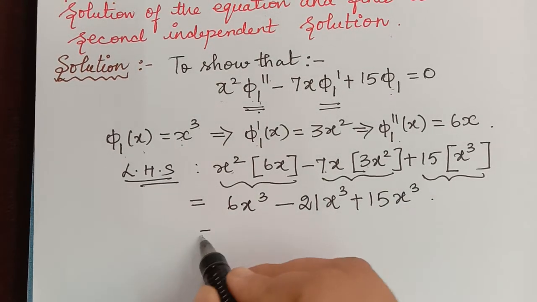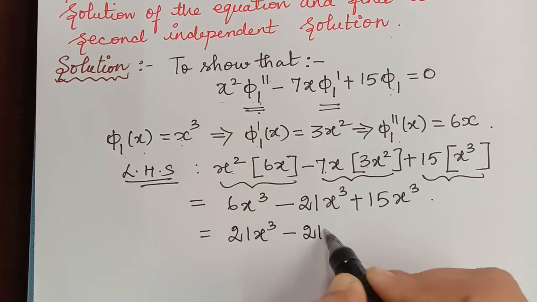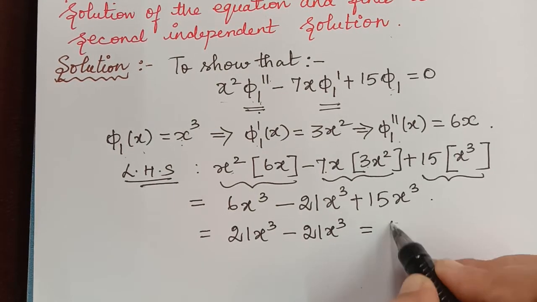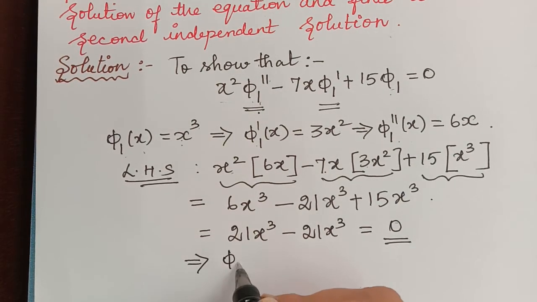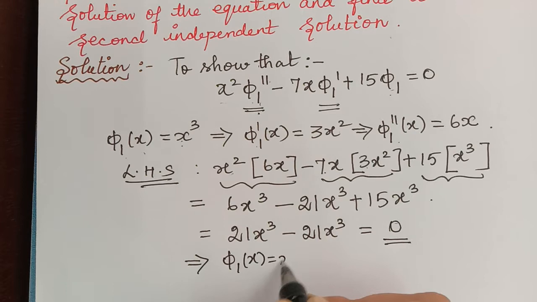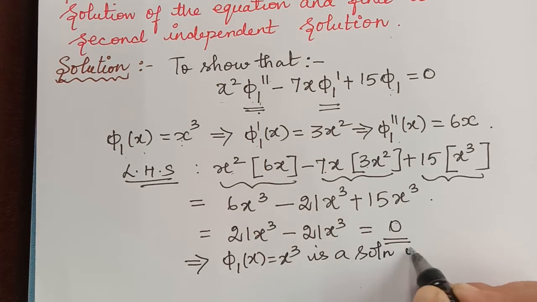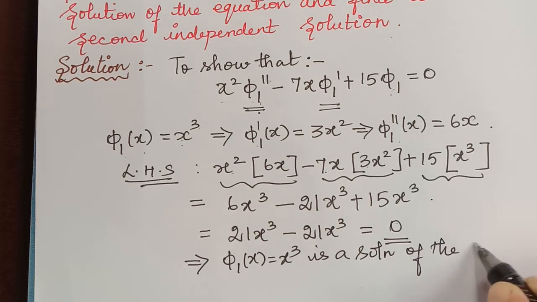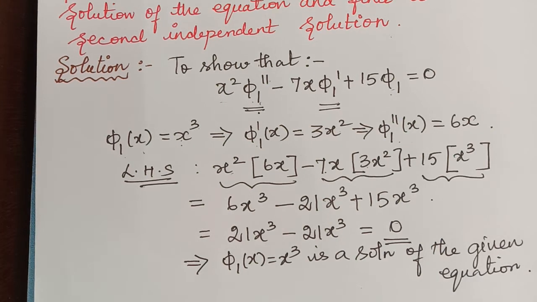So this is equal to 21x cube minus 21x cube, which is equal to 0. So therefore this implies that the given phi 1 of x equal to x cube is a solution of the given equation. So we have proved that phi 1 of x is a solution of this equation.